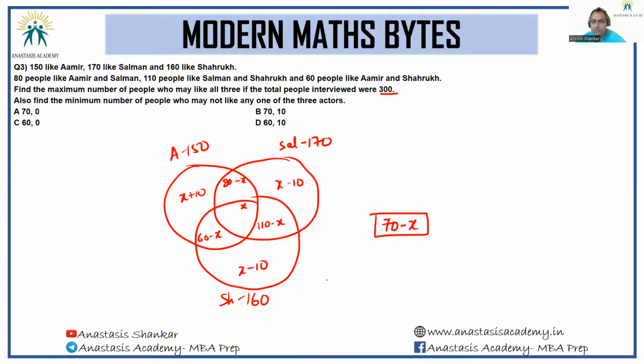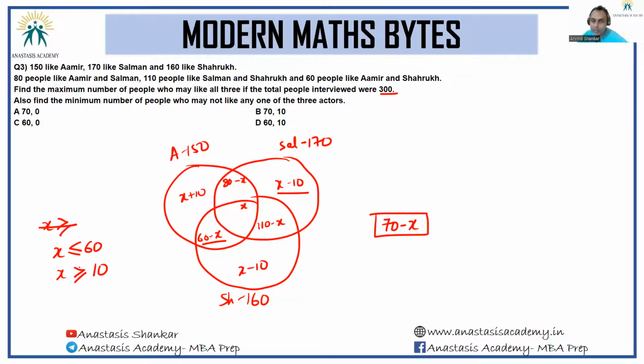Now looking at this expression, every region is denoted by a count of people, which has to necessarily be a whole number. Can you see, on account of this, X has to be less than or equal to 60. X cannot go beyond 60. And on account of this, X has to be greater than or equal to 10.